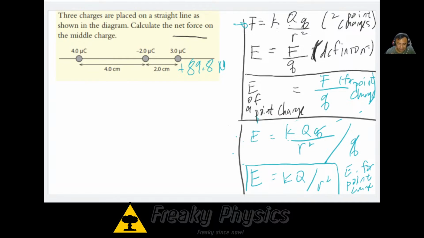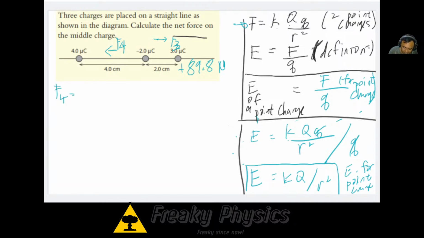I'm gonna do this again in the regular manner first. So let's say this is F1 going that way, and then F2 is gonna go that way. You know what? I'll be more consistent. I'll use F4 for 4 microcoulombs and F3 for 3 microcoulombs. So what's F4 equal to?